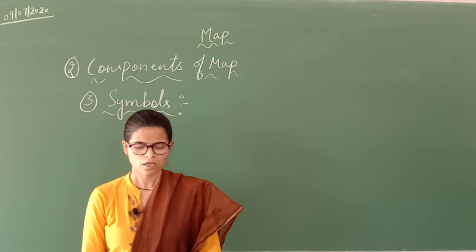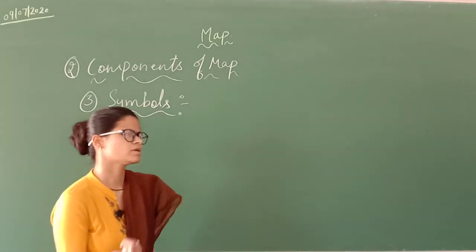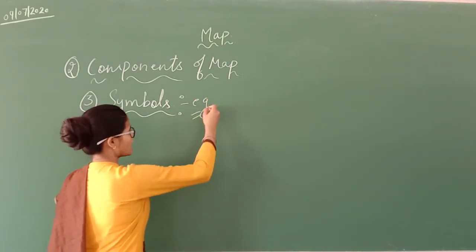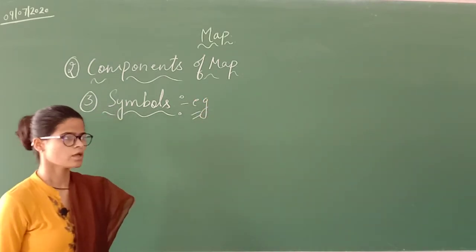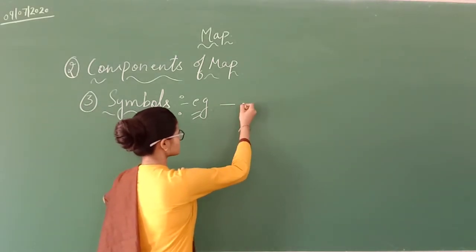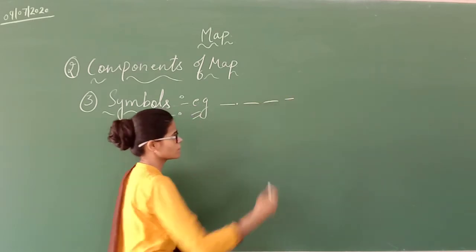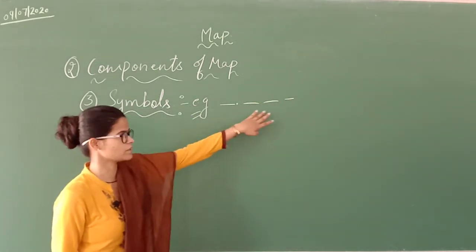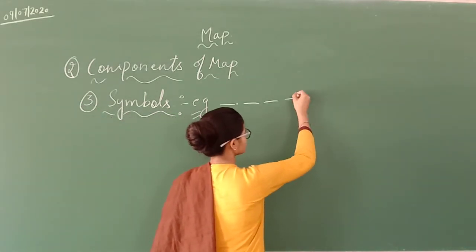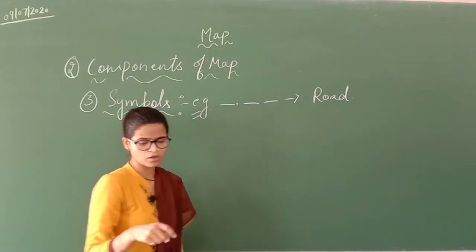Okay, so the second point in symbols is, I will give you a small example. If you have seen a map, and this area is filled in, you can simply say that this denotes a road on a map.